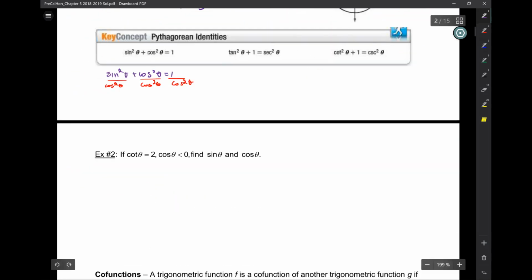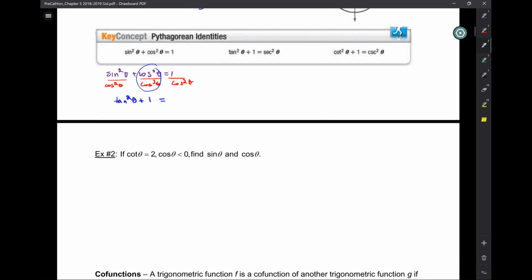So this is tangent squared theta plus, okay, what's this? Cosine squared over cosine squared, 1, is equal to, okay, look, now I have 1 over cosine squared. 1 over cosine is secant. 1 over cosine squared is secant squared theta.